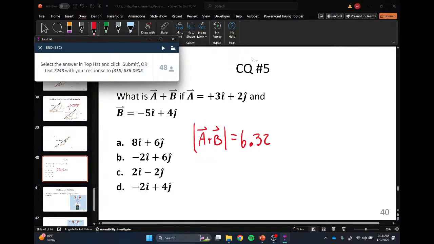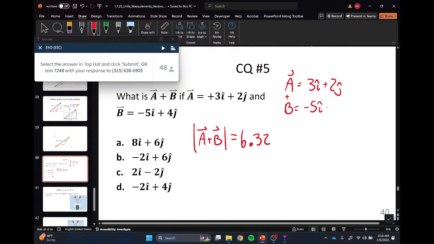Okay. So, first question is what's a plus b in vector form? So this is where you just add the x components. And I saw somebody write it this way, and I think that was nice. I liked it. They put the i and the j, and then they put the i and the j, and you just add the parts together, the i's together, so you get negative 2i hat, and then you get 6j hat.